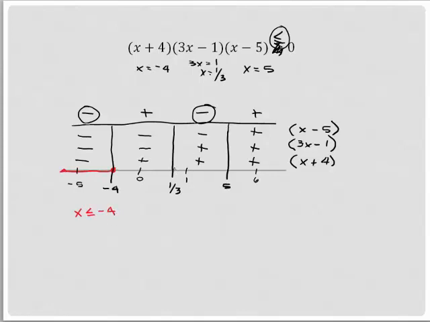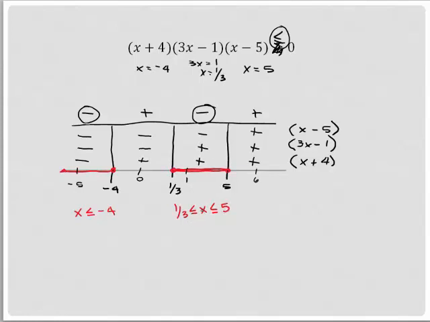Here's the troublemaker. All those numbers are good for this polynomial. So how we write that is 1/3 there.